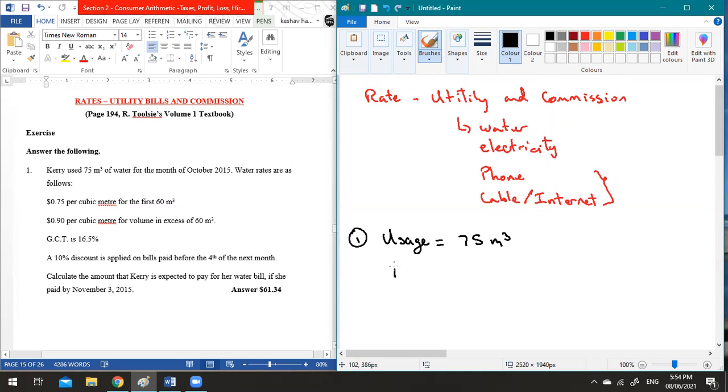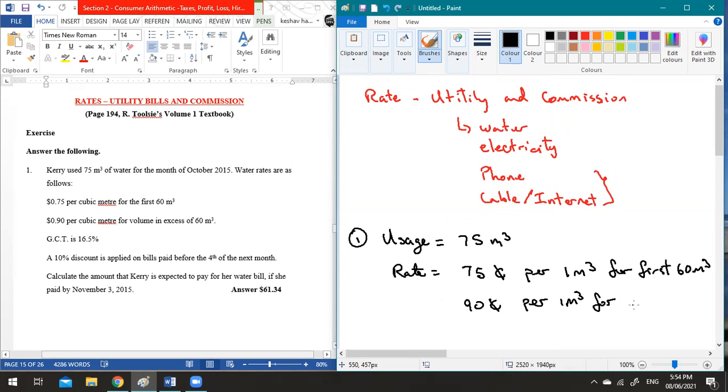The rate is 75 cents per cubic meter for the first 60 meters cubed, and then there's 90 cents per meter cubed for excess of 60 meters cubed, right?